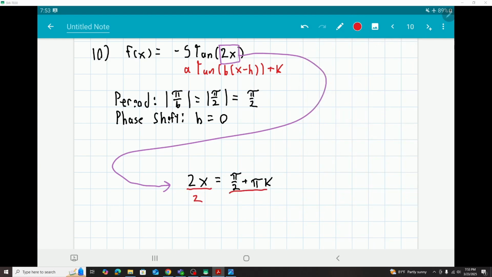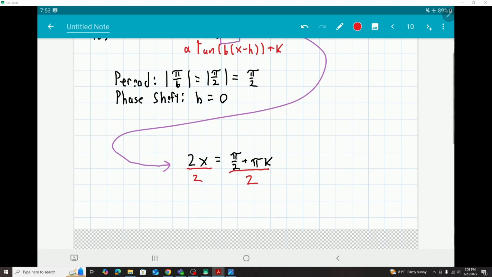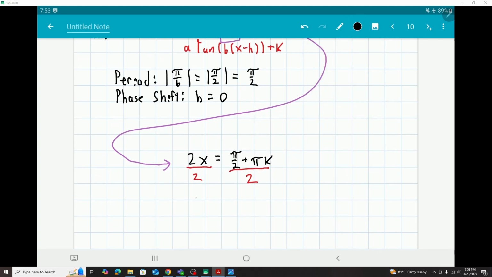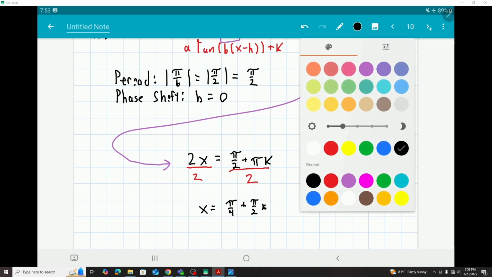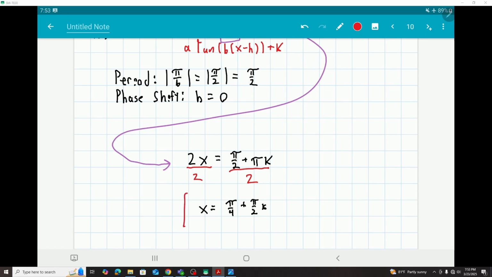Now I divide everything by the 2 that's in front of that x. I'm getting x by itself. And so x is equal to pi over 2 divided by 2, which is pi over 4, plus pi over 2 k. And so here's where all the asymptotes are.